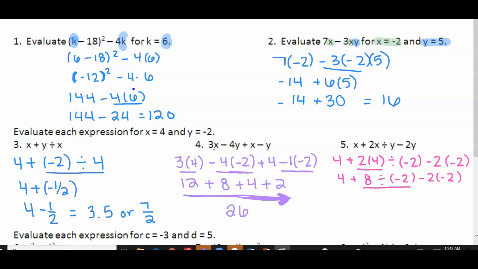Then dividing. 8 divided by negative 2 is negative 4. And then we multiply at the end.